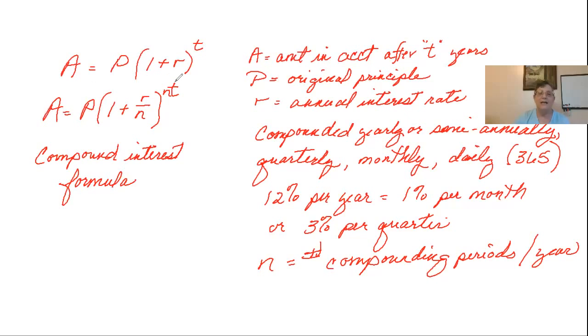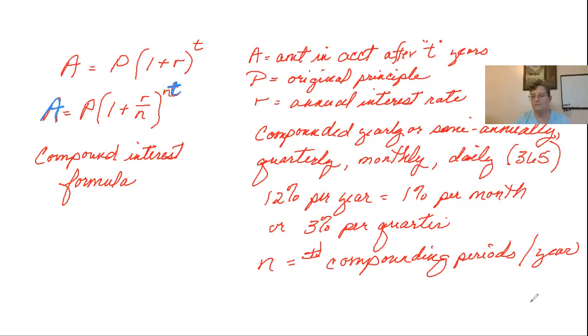But A and T are going to be your variables. These are the numbers that'll change and that actually go together.